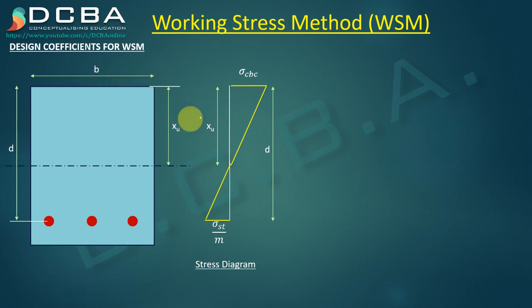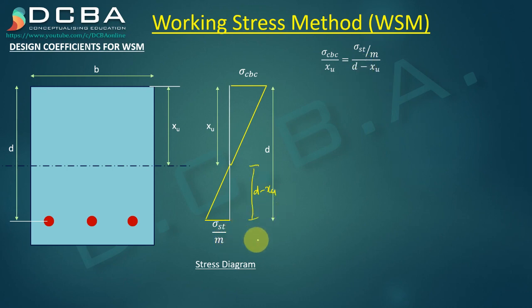What I am doing is using similarity of triangles in the stress diagram. Sigma cbc by xu is equal to sigma st by m divided by this distance, which is d minus xu. So sigma cbc upon xu is equal to sigma st by m divided by d minus xu.